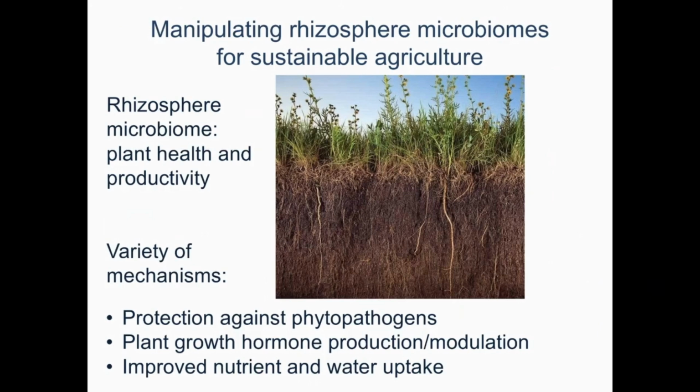For example, some members of rhizosphere microbiome can produce compounds that will protect against phytopathogens. Others can produce or modulate plant growth hormone signaling or production, and others can also improve nutrient and water uptake by the roots. Many of these mechanisms are produced by multiple organisms, or sometimes by the same microorganism.